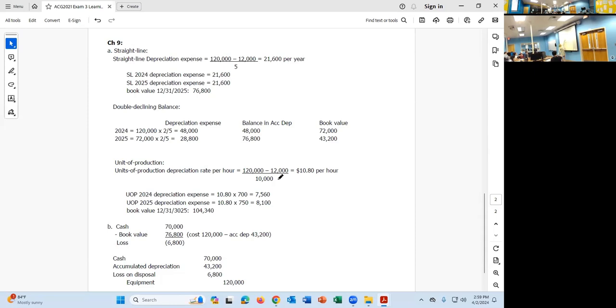You buy it, you go, okay, I think I'm going to use it for 5 years, and I think that it'll be worth this much at the end of this life. Not to be exact, it doesn't really matter. The idea is you don't want to depreciate an asset all the way down to 0.